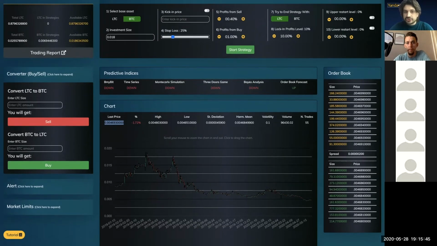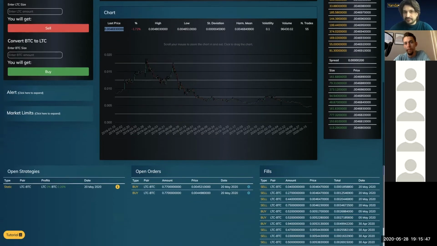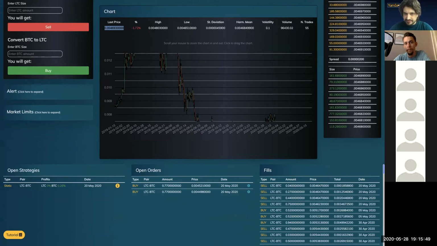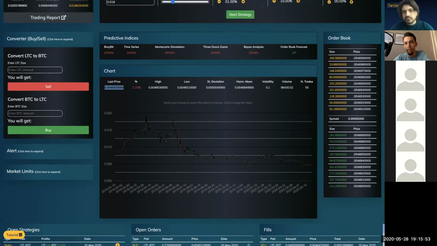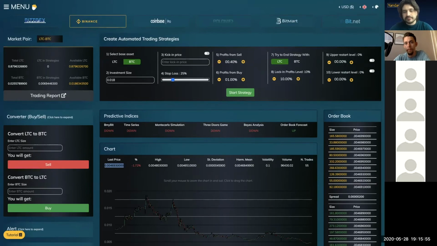But I also understand by reading all of these that the price can go down dramatically maybe. So what I do, I set myself a profit from buy of 1%. And so if the price goes down 1%, I will buy Litecoin and wait to resell it if the price goes up.